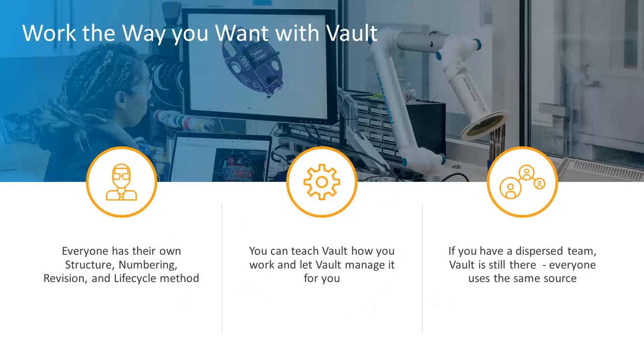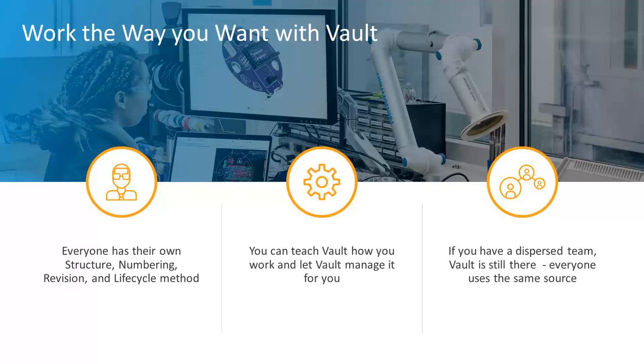In fact, Vault has a way of adapting to your work. You can train it. We know everybody has their own structure, and that means folder structure. So, how do you organize things? You have your own numbering, even revisions. People have different revision schemes. It might be numeric, or alpha, or inverted.